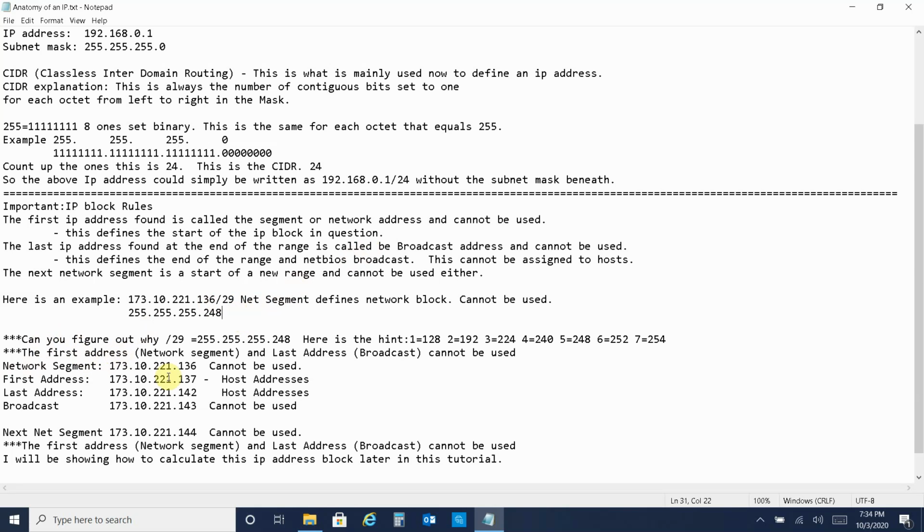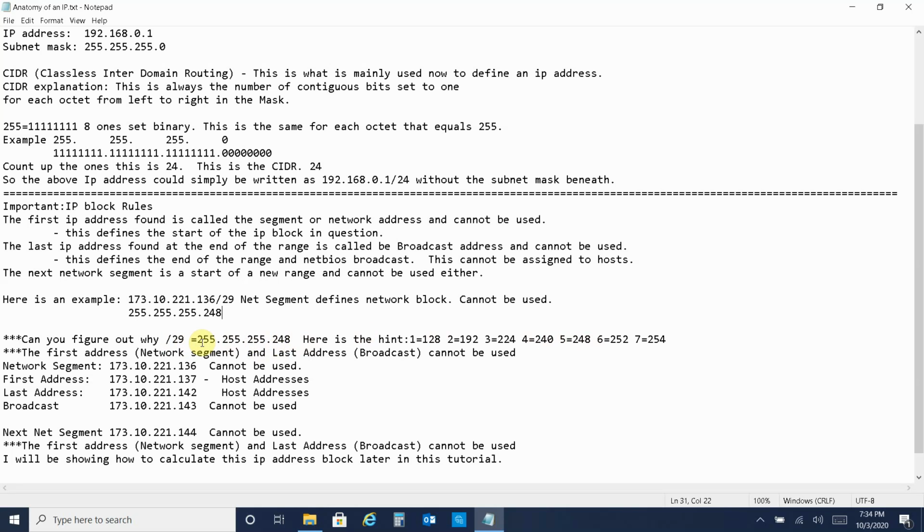Again, down here, why is 29 this? Because there's your table. And you can see 8 times 3 is 24. And what is the leftover? It's 5. 248. You put that right in there.